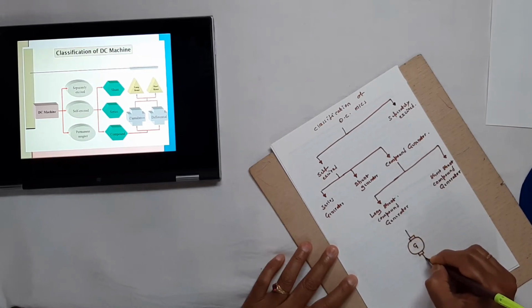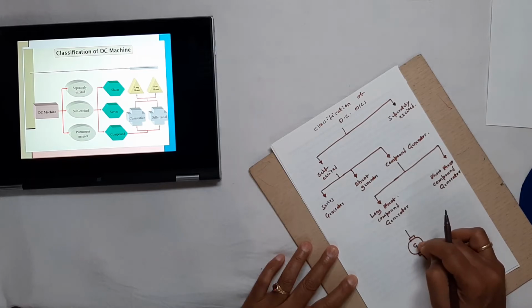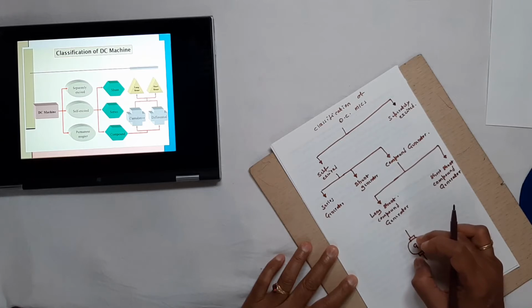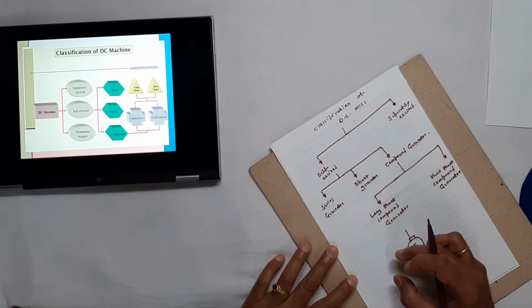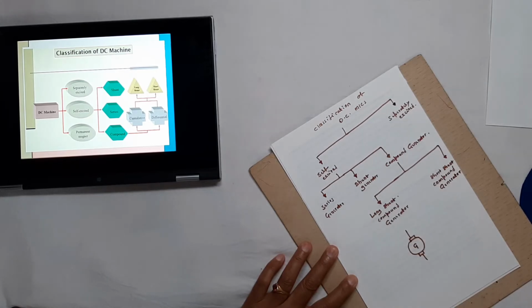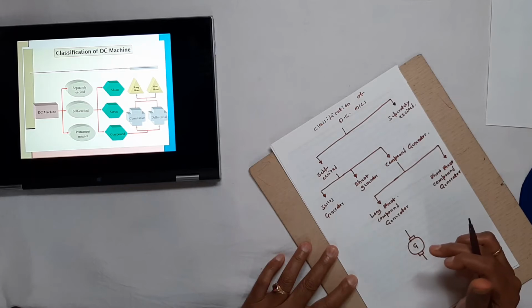Because of the generating action, there is an induced voltage in the armature conductors. It is capable of delivering the current. A small percentage of generated power is utilized by the field winding, then it is called a self-excited generator. What do you mean by self-excited generator?